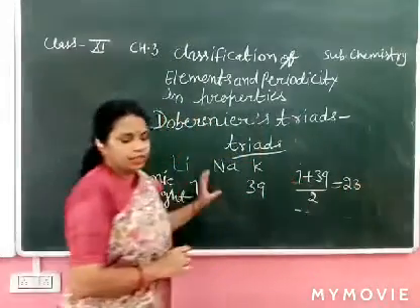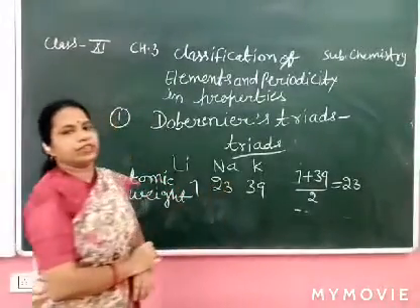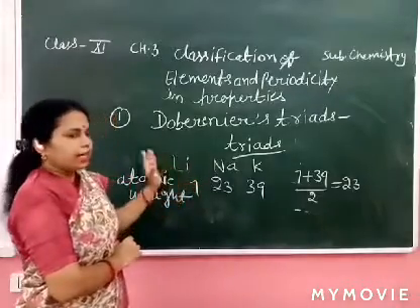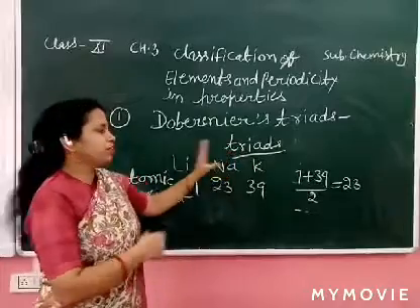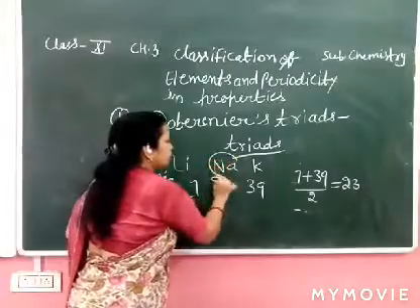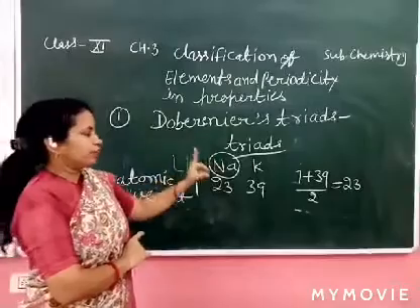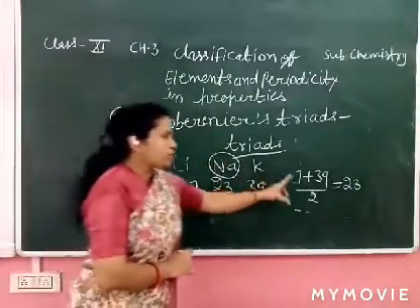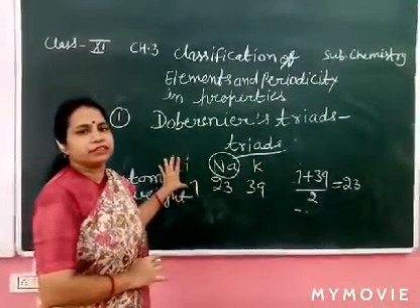The atomic weight of the middle element is the average of the atomic weights of the other two elements.